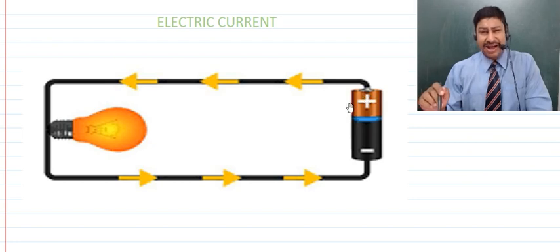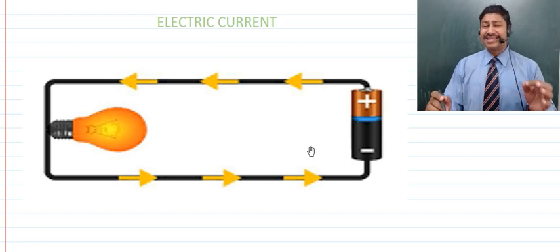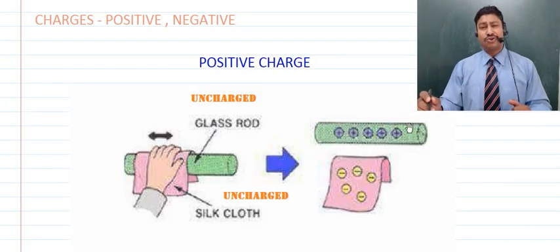When the current passes, this electrical bulb is getting lighted up. This is actually what electric current does. One thing that you got to remember is that whenever you talk about an electric current, it is actually the passage of some charges.